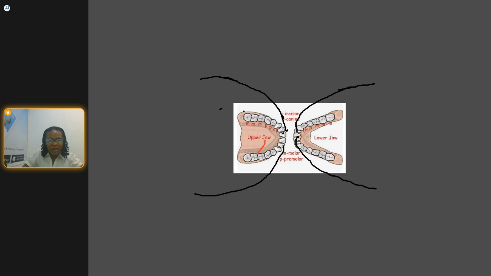That is what we mean by representing the number and types of teeth in half of the upper jaw. You can see half of the upper jaw here, from here to here, and half of the lower jaw from here to here.